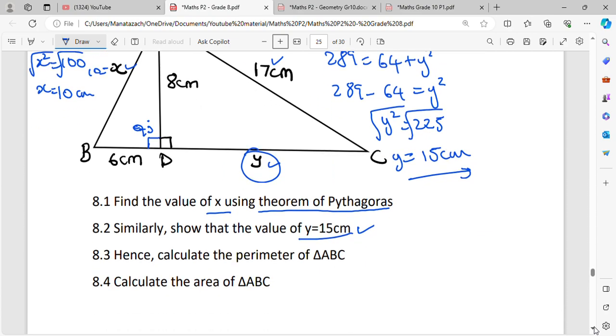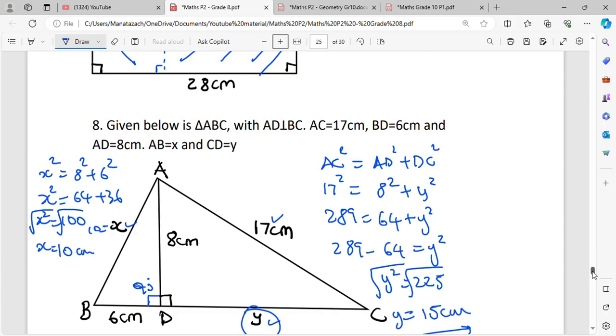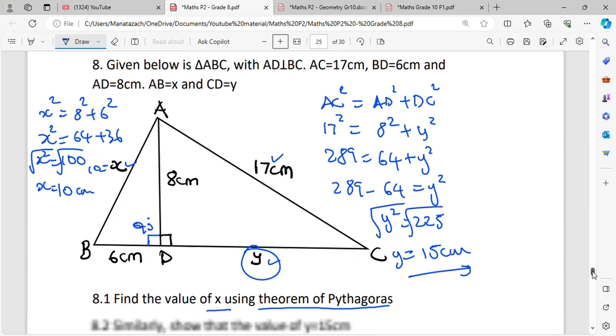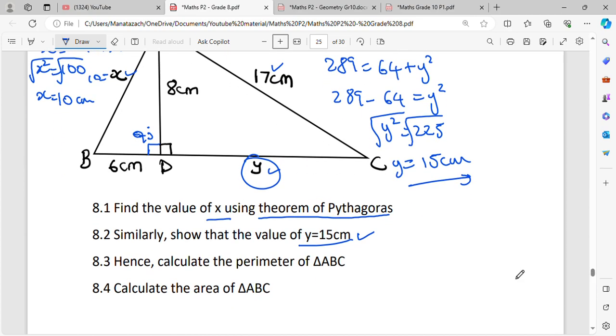Okay, 8.3, calculate the perimeter of triangle ABC. In order to work out the perimeter for triangle ABC, we need to add all the sides. Remember, triangle ABC, it's like this. So this side BC is going to be 6 plus y, which is 15. It's going to be 21 centimeters.